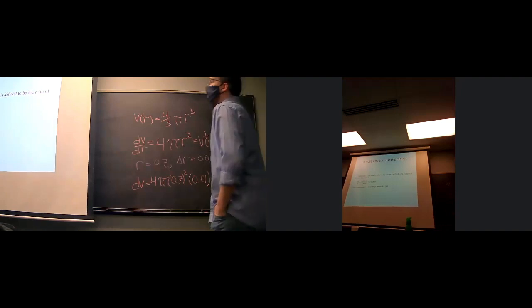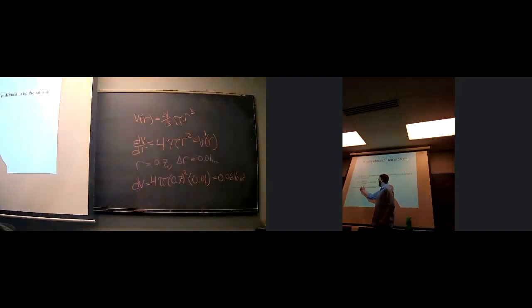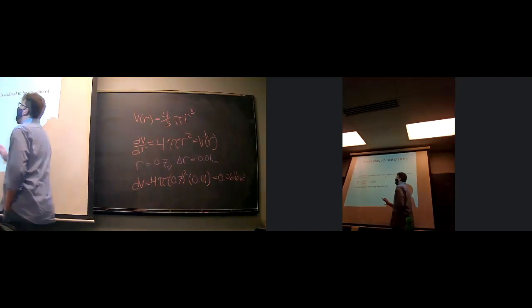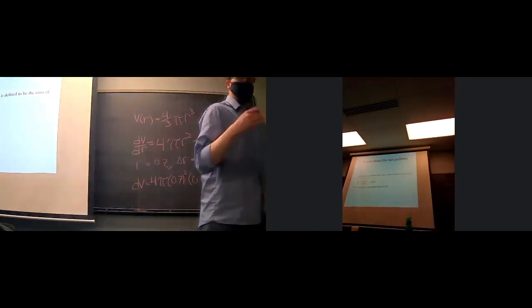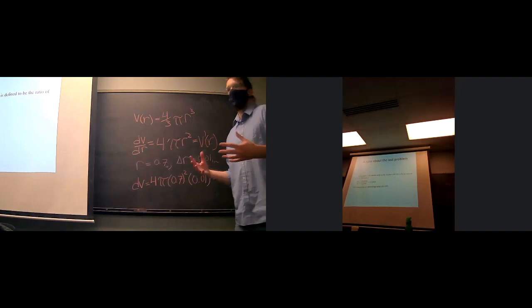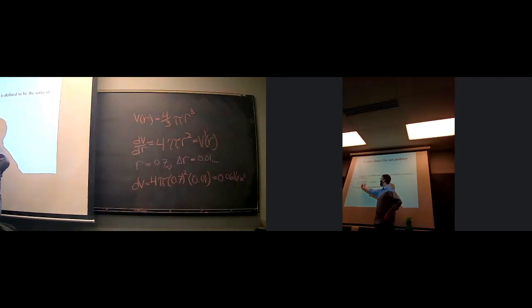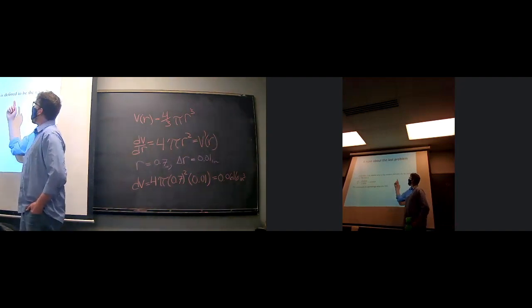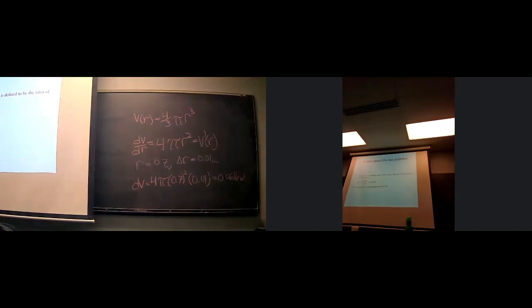So what we're saying is, compared to the volume that we measured this sphere to have, you can add or subtract this particular percentage of that volume to get the actual volume. Does that make sense? So this is the measured volume. And what we're finding now with the relative error is what the measured volume is compared to what the actual volume could be.